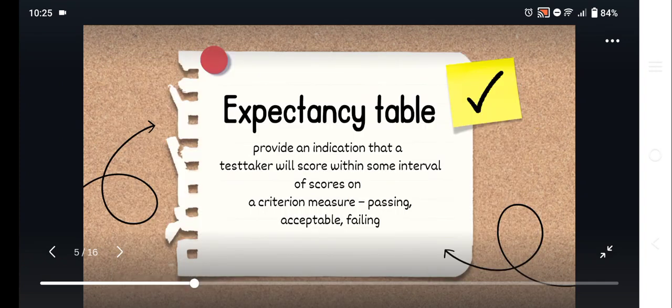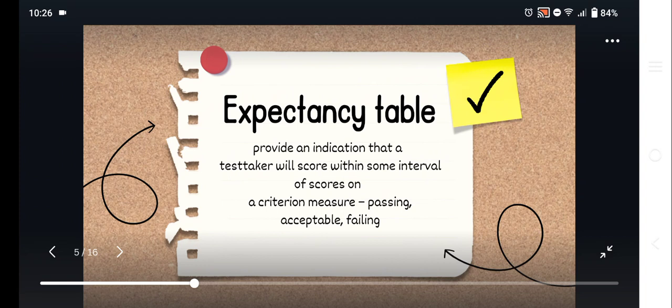So, the question is, how is utility analysis conducted? There are two general approaches to utility analysis. First, we have expectancy data or a table.